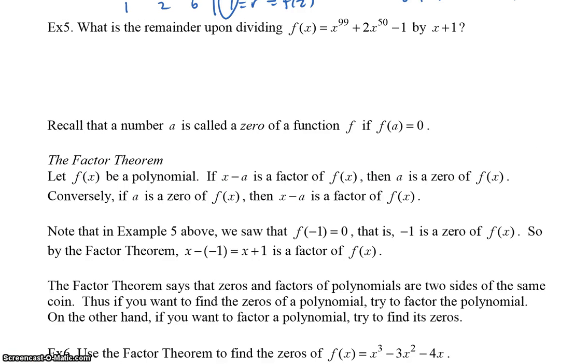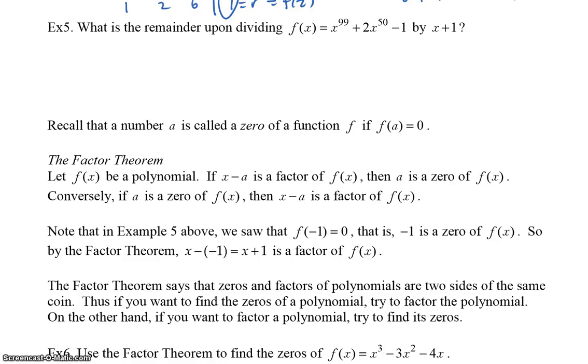Example 5 asks, what is the remainder upon dividing f of x equals x to the 99th plus 2x to the 50th minus 1 by x plus 1? Well, who would want to do such a division, an actual division, to come up with a remainder with such a high degree polynomial?